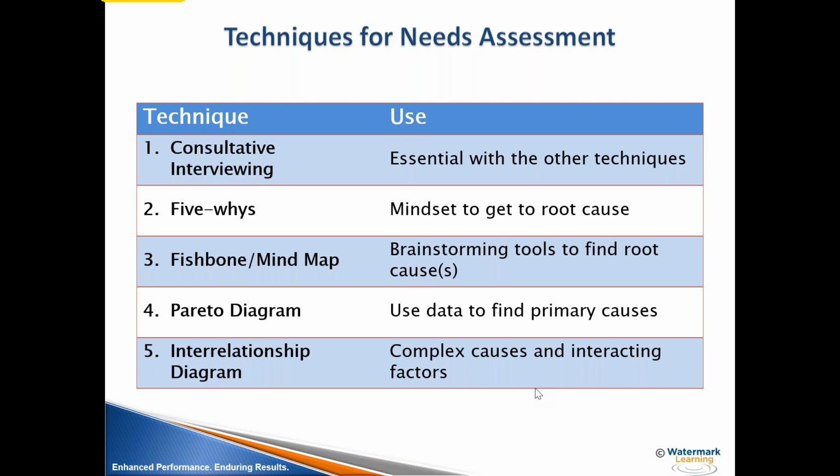Pareto diagrams are useful when you have data that you can explore the most important factors about the root cause. And interrelationship diagrams are also very useful for getting to complex causes where maybe one effect is the cause of another, and that other is then in turn the cause of yet another issue, and so where you have complex interacting factors. So a variety of situations, so we have a potpourri of things.